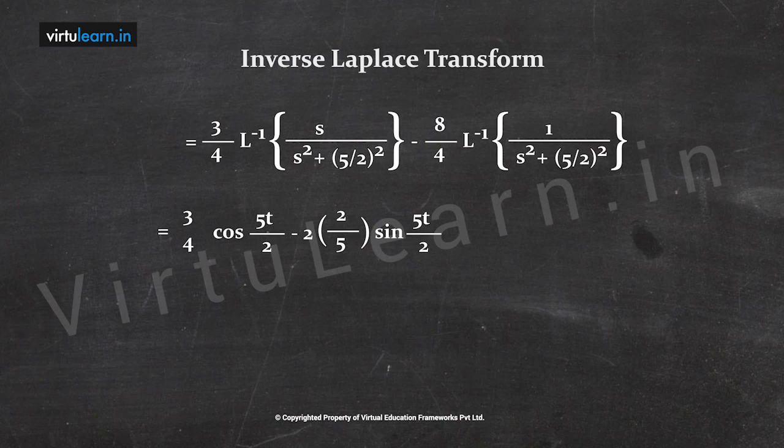Therefore the answer is 3 by 4 cos (5t by 2) minus 4 by 5 sin (5t by 2) on simplification. Like this we can solve the problems very easily, and some more problems by using basic formulas only.